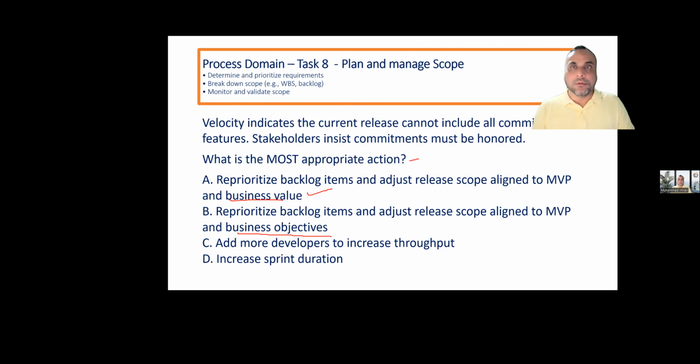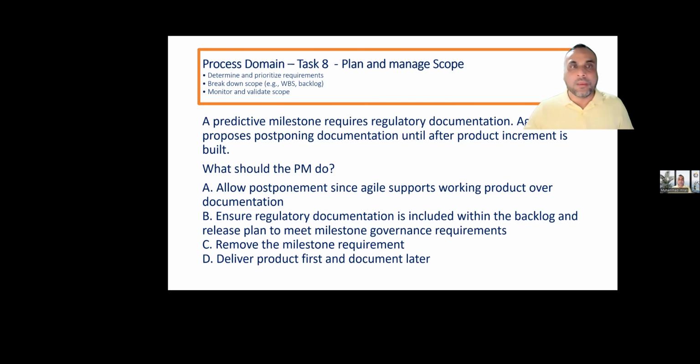Very good. Let's go next. A predictive milestone requires regulatory documentation. The Agile team proposes postponing documentation until after the product increment is built. We need to facilitate because they have different understanding. What should the PM do? Allow postponement since Agile supports working product over documentation as per the principle of Agile.